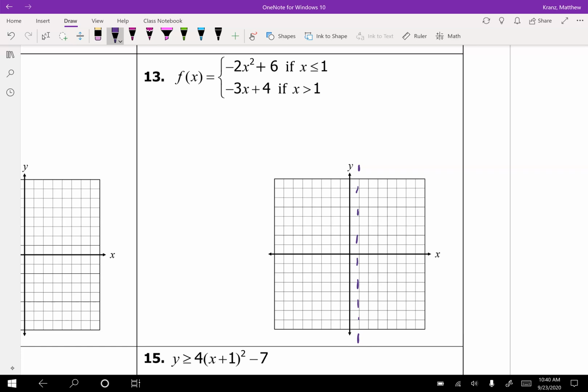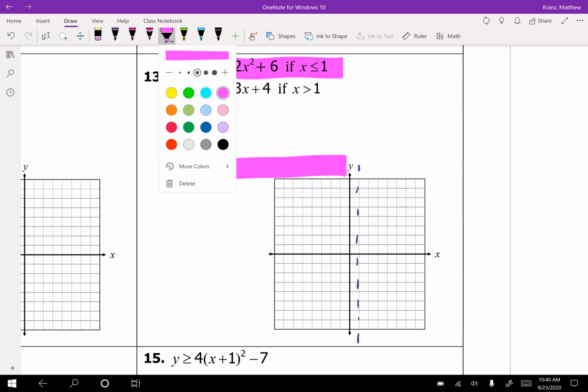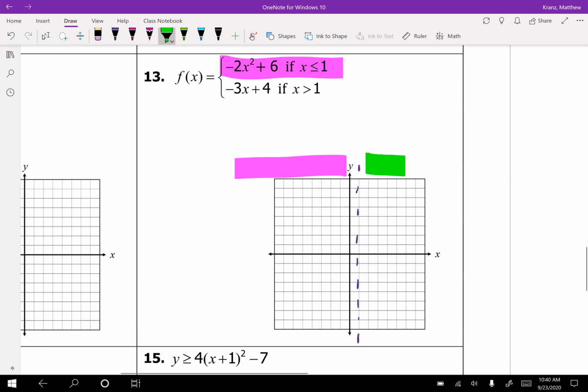Right, and let's make this one our purple one or our pink one. We'll make this one our green one on this side. Now, if you look, see how this has the equal sign? So when I get to 1, I'm going to have a solid circle. When I get to 1 with the green one, I'm going to have an open circle. So let's go ahead and graph this.